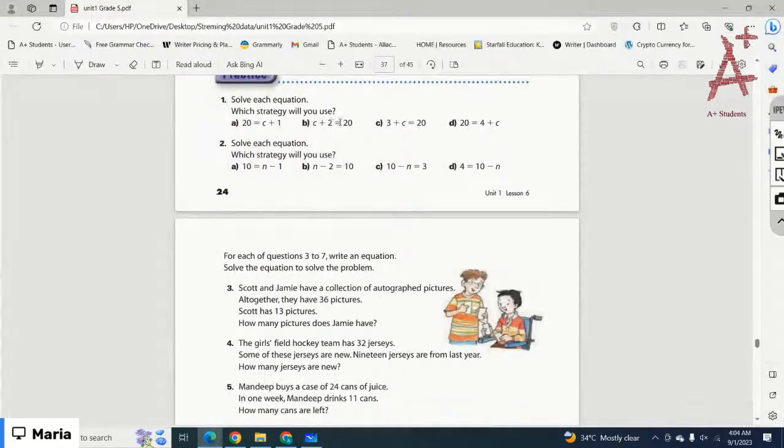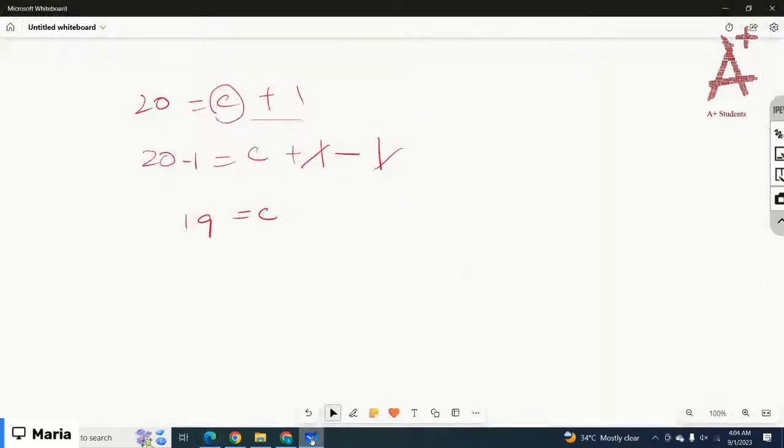The next one is c plus 2 equals 20. You can see you have to calculate the value of c basically. So first of all, you have to remove that 2 from here. 2 is adding, so the opposite of addition is subtraction.